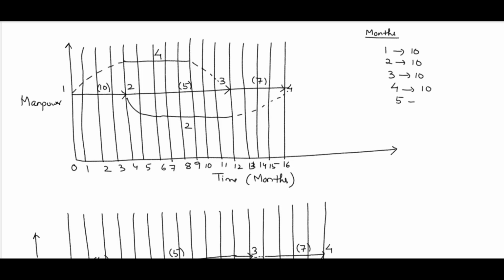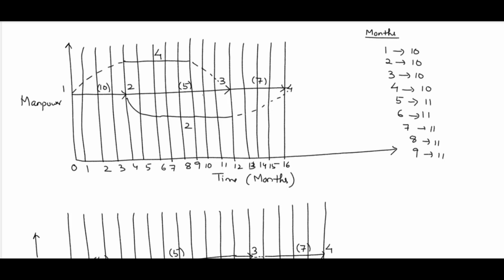For the fifth month manpower is 5 plus 4 plus 2, which is 11. Similarly for the 6th month it is 11, for the 7th month also 11, for the 8th month also 11, for the 9th month also 11.